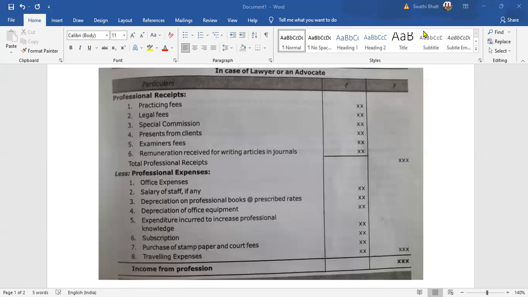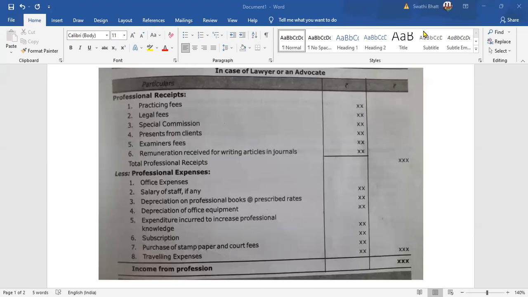So all you have to do is use a bit of your common sense. You will be finding out whether a particular receipt or an expense is related to that profession or not. If it is genuinely related to the profession of a lawyer, then such expense will be deducted and such receipt will be added.